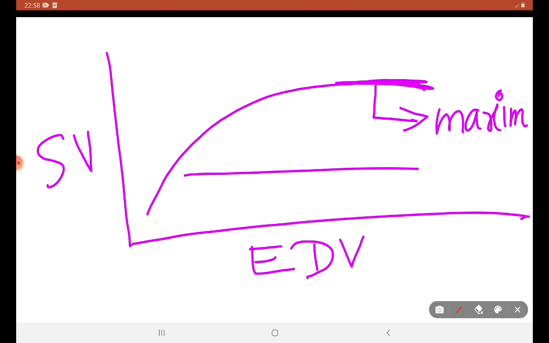This is the normal range of stroke volume with end diastolic volume relationship.